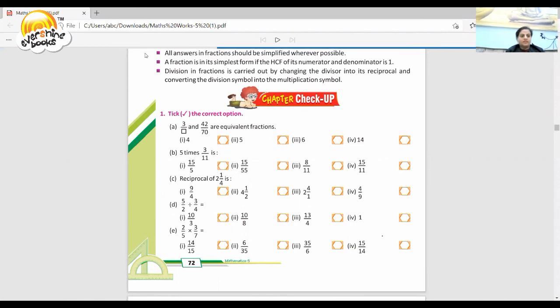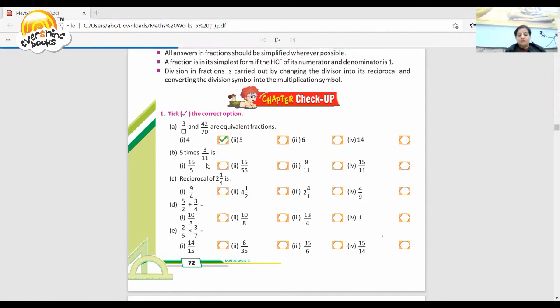We will tick it. Then 5 times 3 upon 11: you have to multiply. When you multiply, 3 5s are 15 upon 11 will come.